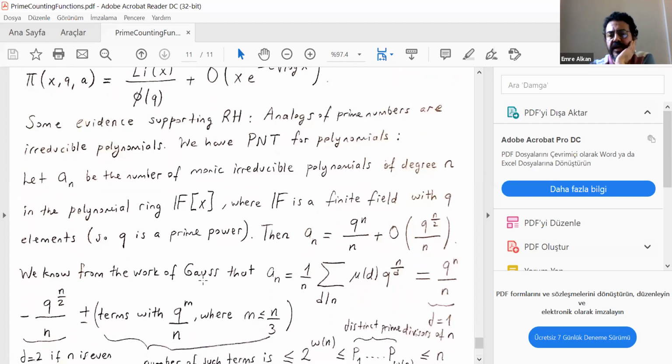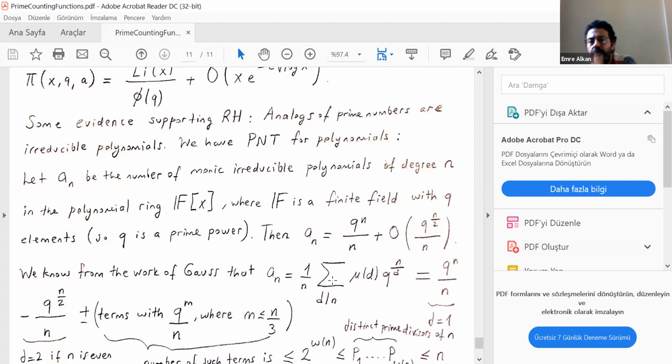We know from the work of Gauss that Gauss gives a formula for A_n. It's a cute formula. It's 1 over n times, and we are used to seeing such sums, a sum over divisors d of n, and we are also used to seeing mu, and it makes an appearance: mu(d) q^(n/d). That's the exact formula.